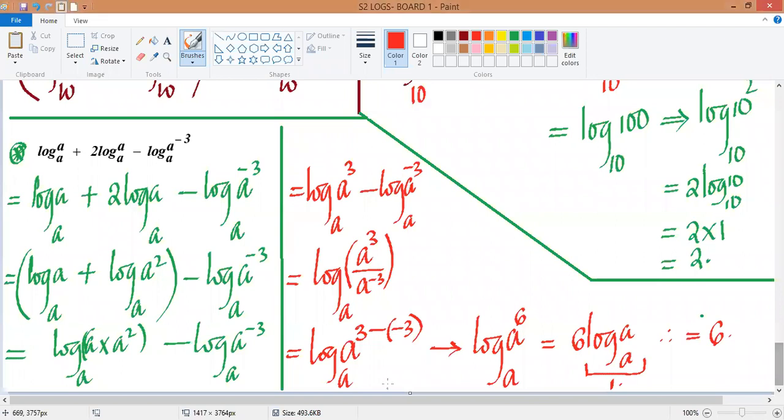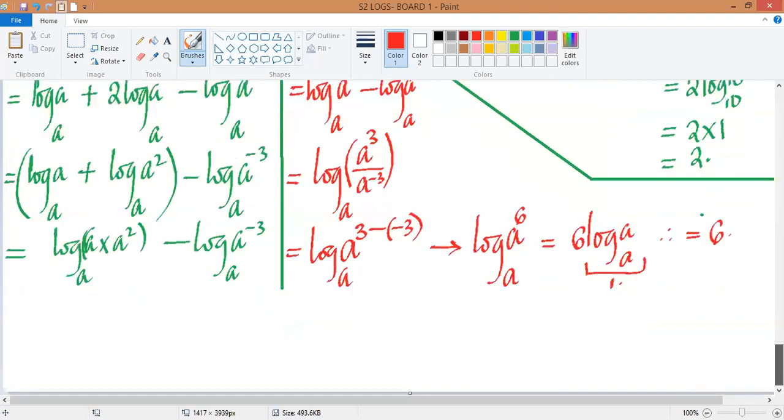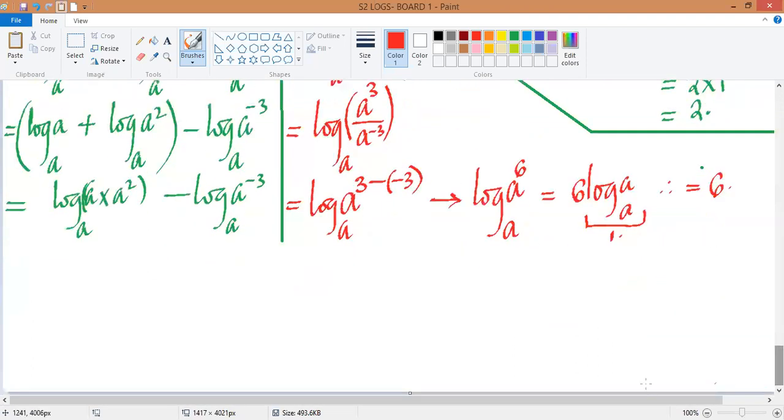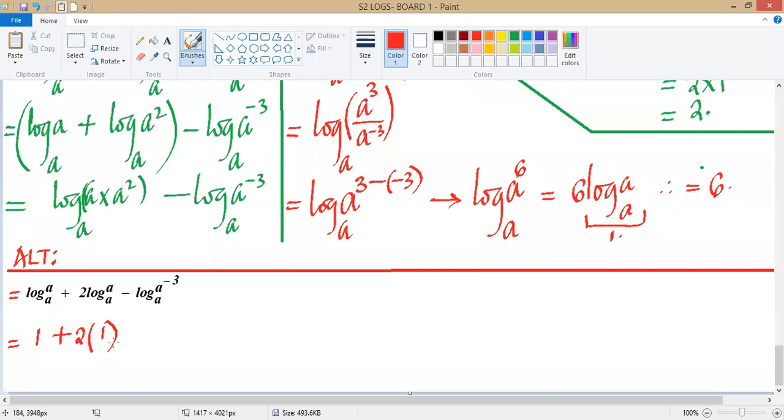But I want to mention that that same question, since they are all in terms of a, a candidate would do it by just evaluating. Of course, you remember that this is an alternative. You remember that log a base a is 1 plus 2 log a base a is 1.